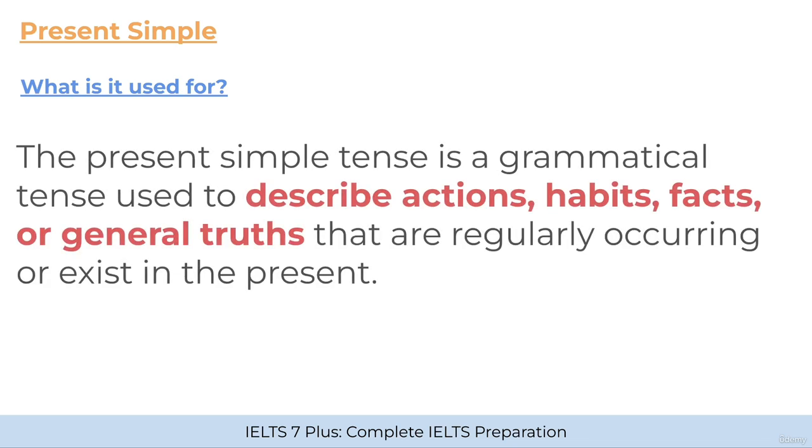We use the present simple to describe actions, habits, facts, or general truths that are regularly occurring or exist in the present. We'll go through each of these in its own section so you can see some examples for each.